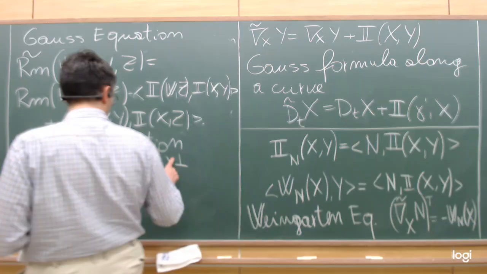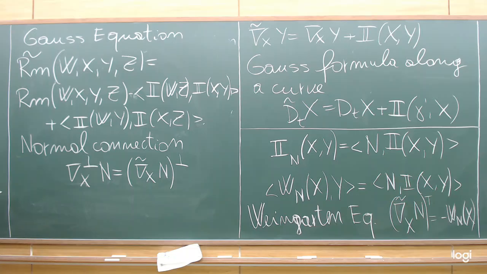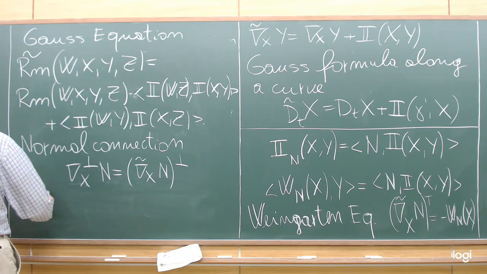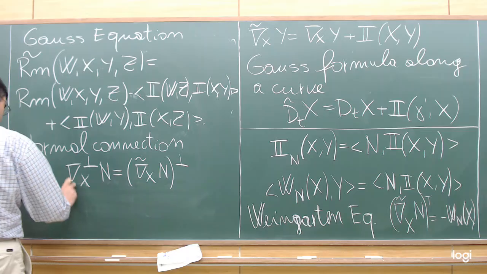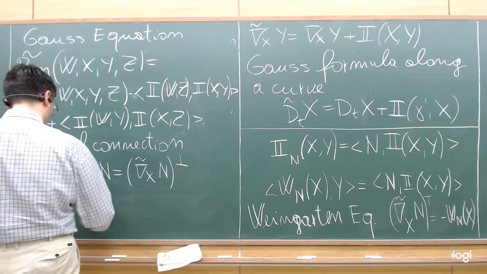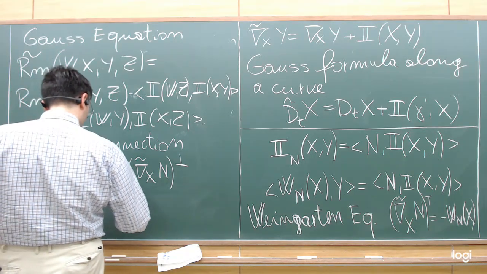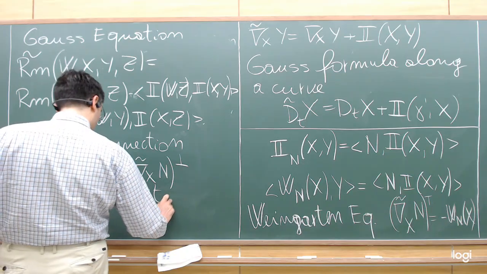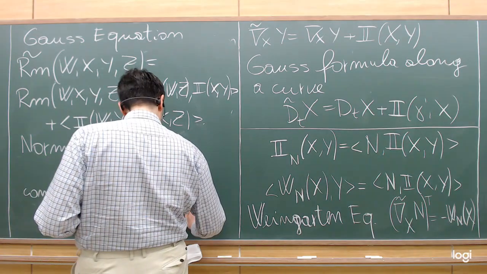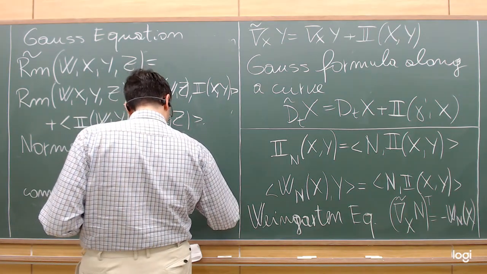Instead, here we are taking the orthogonal part, and it's possible to prove that this is compatible with the metric G tilde of M tilde.